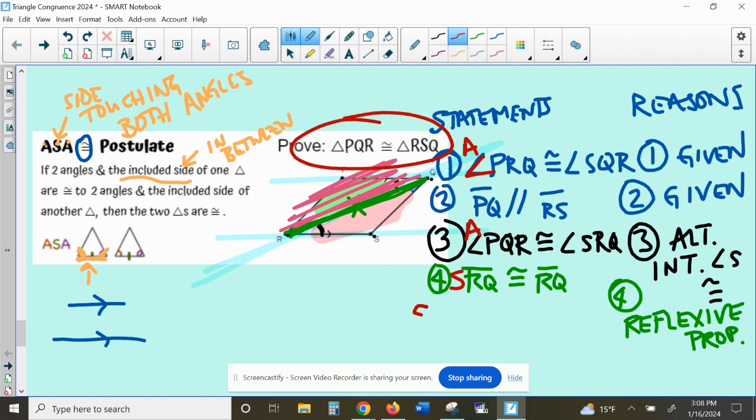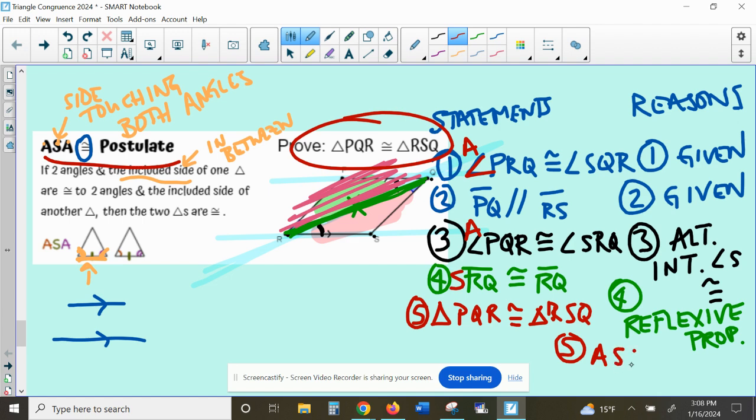I can say that triangle PQR is congruent to triangle RSQ. And my reason is because I have angle, side, angle, congruence postulate. Good?